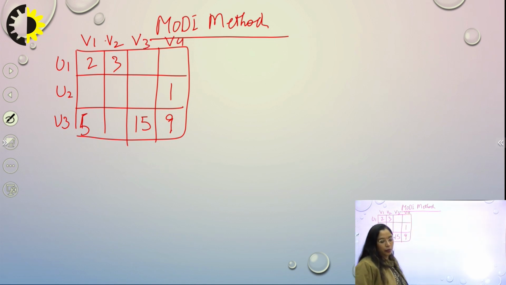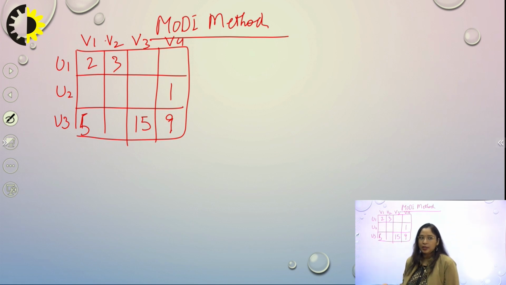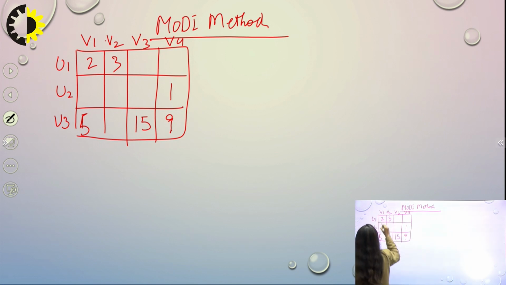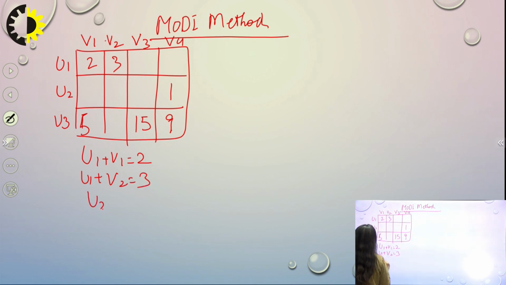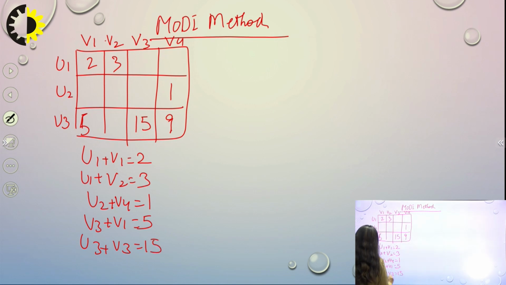Now we will assign: U1 plus V1 is 2, U1 plus V2 is 3, U2 plus V4 is 1, U3 plus V1 is 5, U3 plus V3 is 15, and U3 plus V4 is 9.